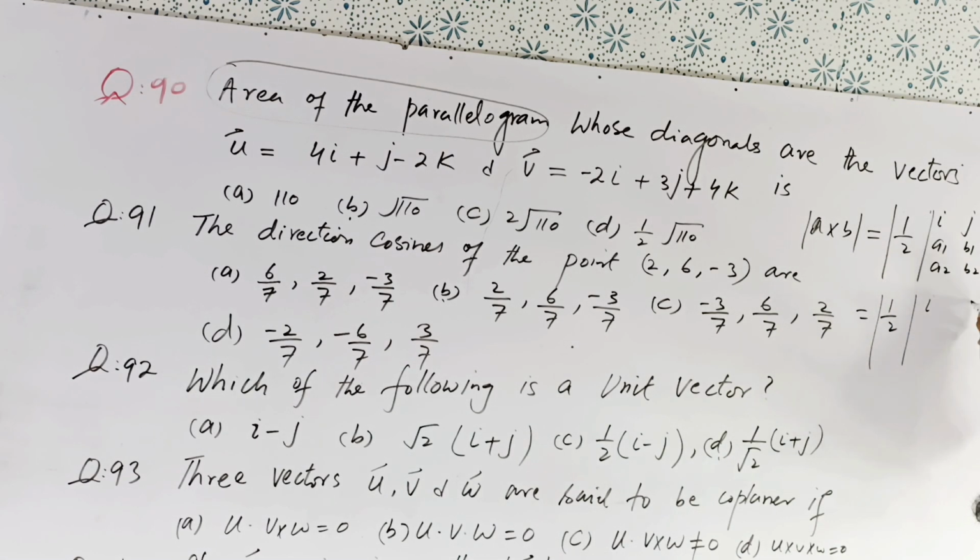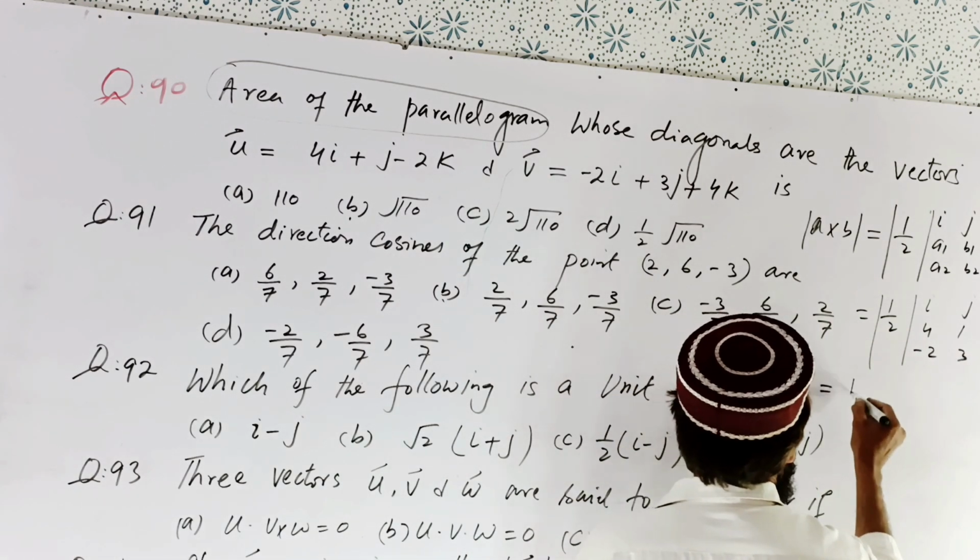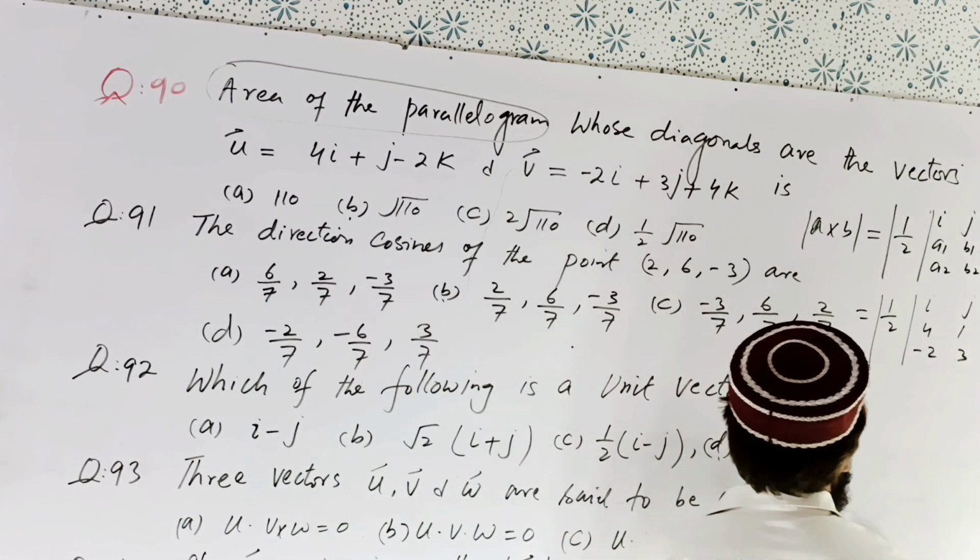So one over two, and I, J and K, the values 4, 1, minus 2 and minus 2, 3, 4. If we expand according to this formula, we get 1 by 2 absolute of this.